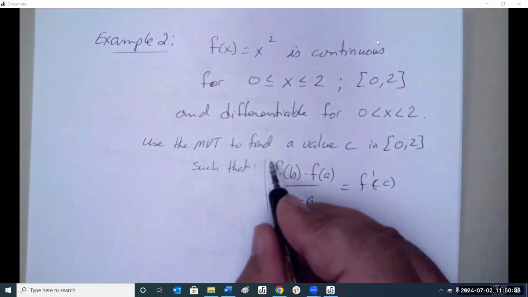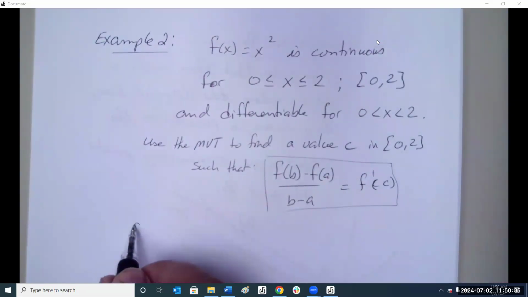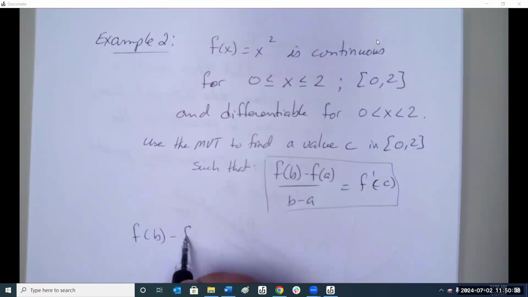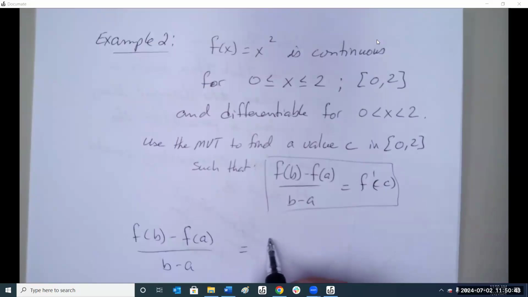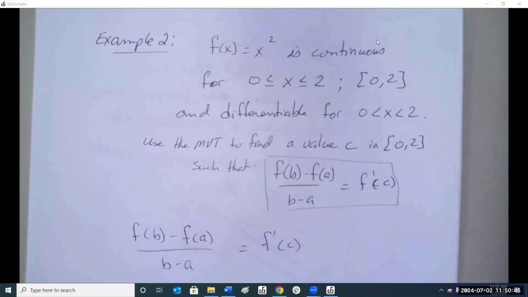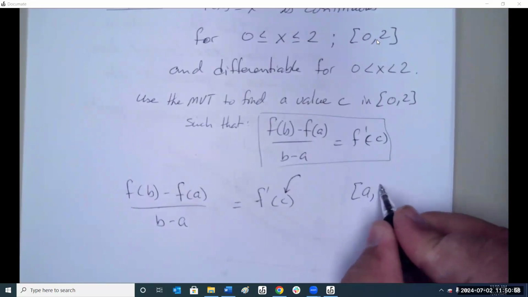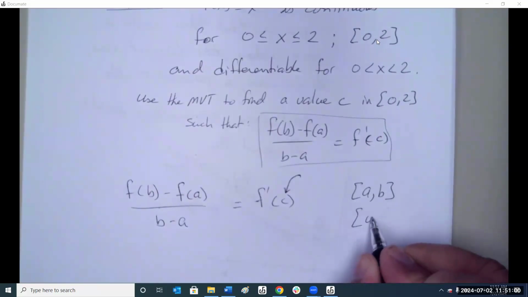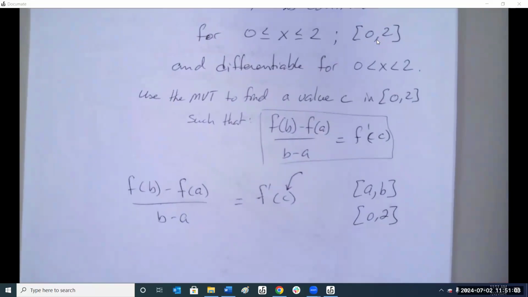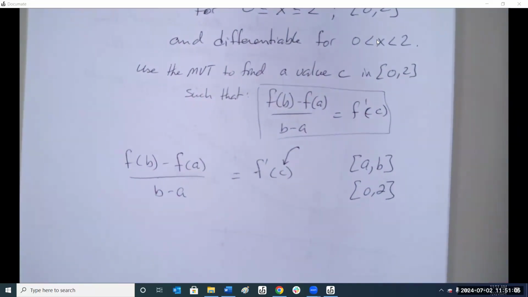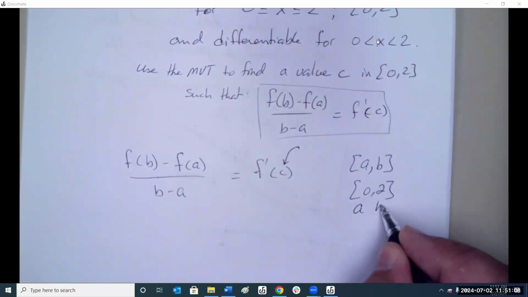Well, we have to use this. We're looking for that value there. So what are A and B? It's the closed interval AB, which is 0, 2. This is A, and that's B.